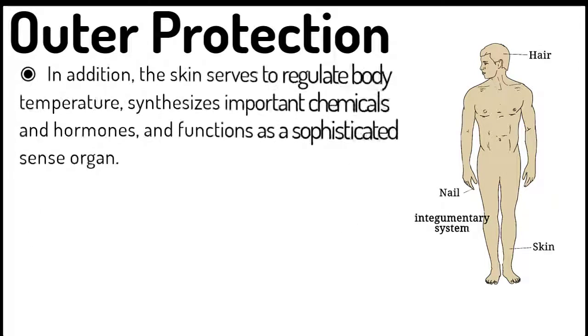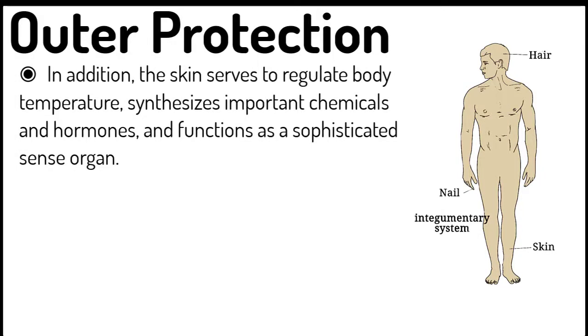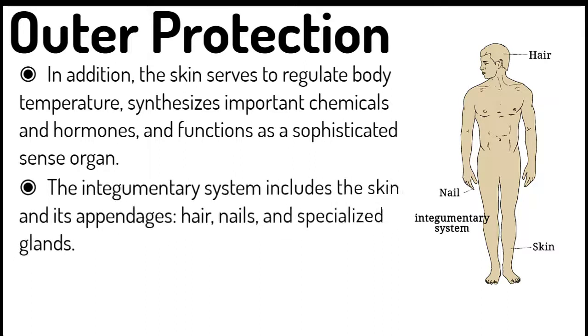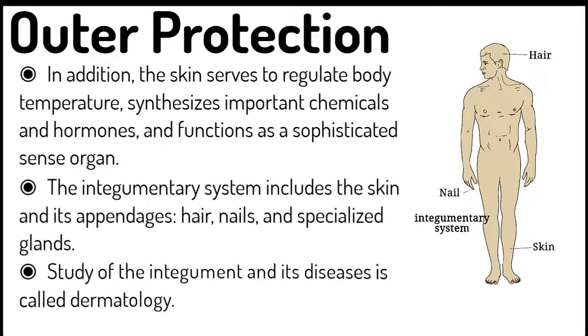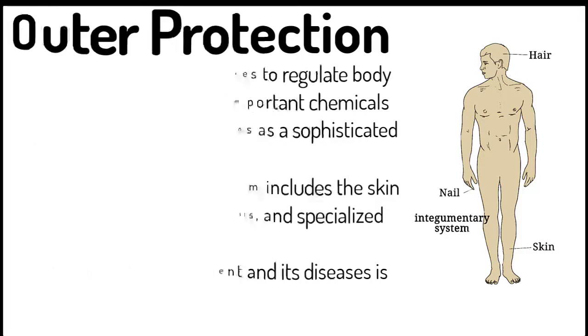In addition, the skin serves to regulate body temperature, synthesizes important chemicals and hormones, and functions as a sophisticated sense organ. The integumentary system includes the skin and its appendages like hair, nails, and specialized glands, as you can see in this figure. The study of the integument and its diseases is called dermatology.